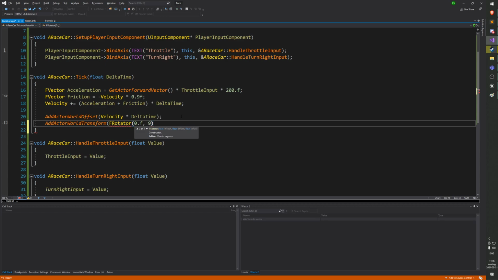What would I have, like 90? Yeah, 90. Let's go 90. Again, I'm hard coding this because I'm a good programmer. Don't you dare say anything otherwise. So I'll do 90 times turn right input, times delta time.